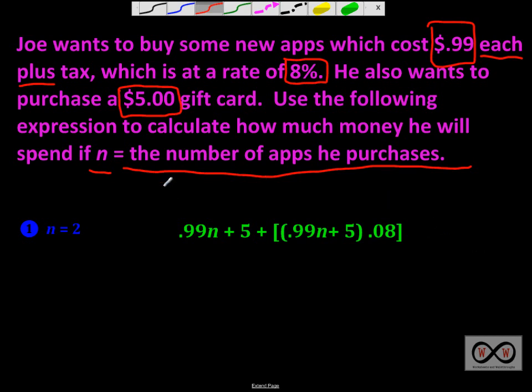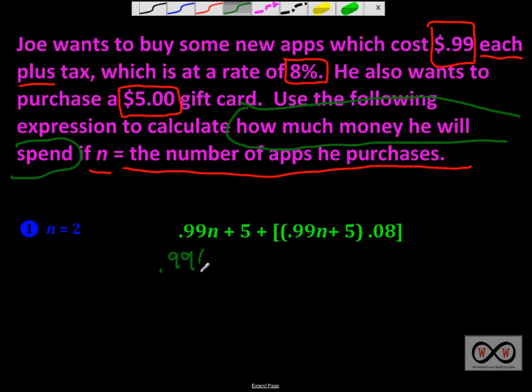But here we go. So our job is really to find out how much money he will spend for each given value of n. All right, so we have 2, and we have to insert it into this expression. So let's rewrite the expression. 99 cents times 2.